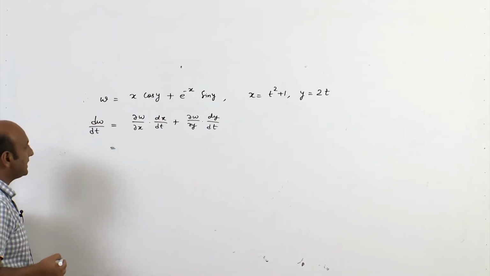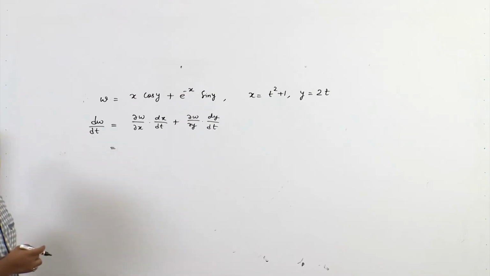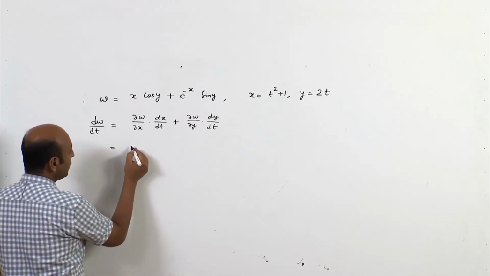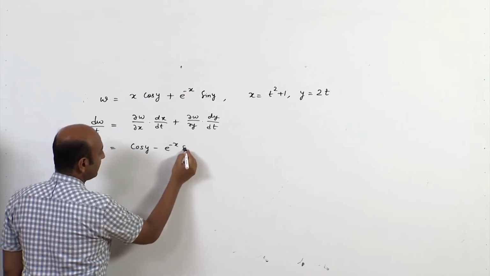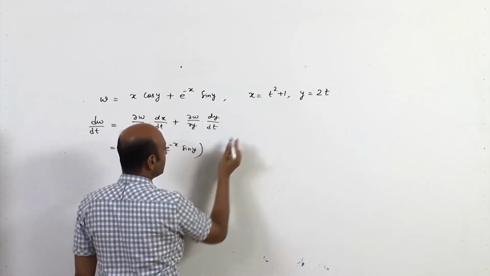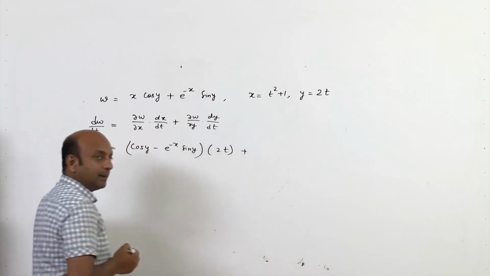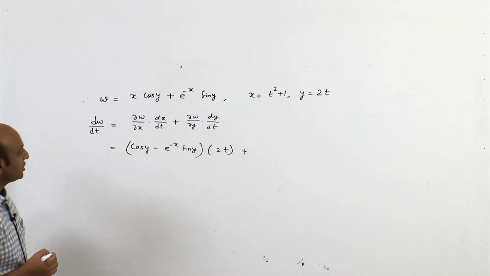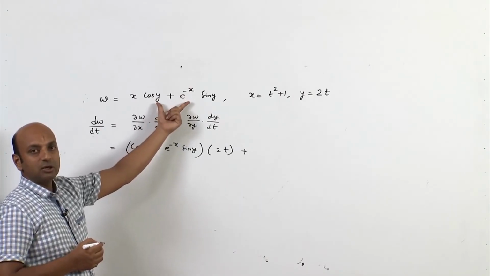Now, del w by del x is, you simply differentiate partially with respect to x keeping other variables constant. So, it will be cos y minus e raised to power minus x sin y, and dx upon dt from here is 2t, plus del w by del y. You differentiate this expression partially with respect to y keeping all other variables constant.